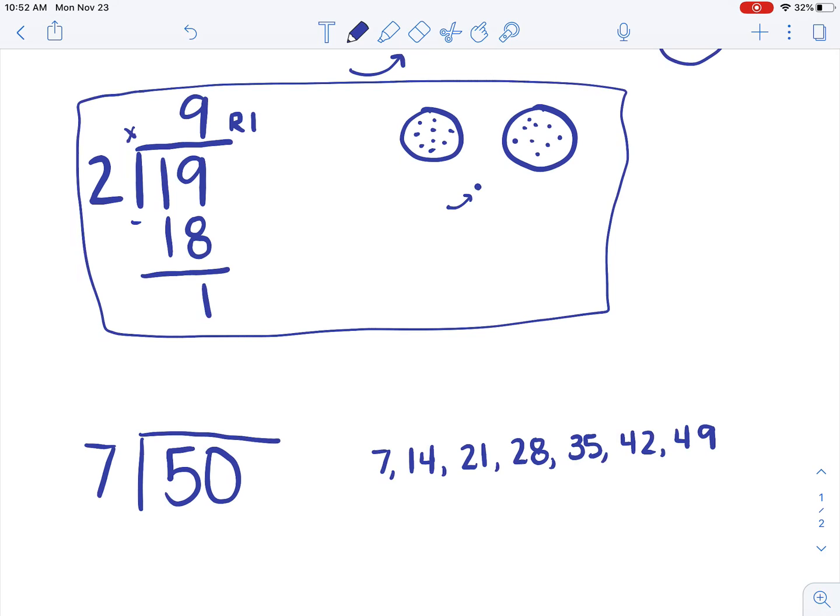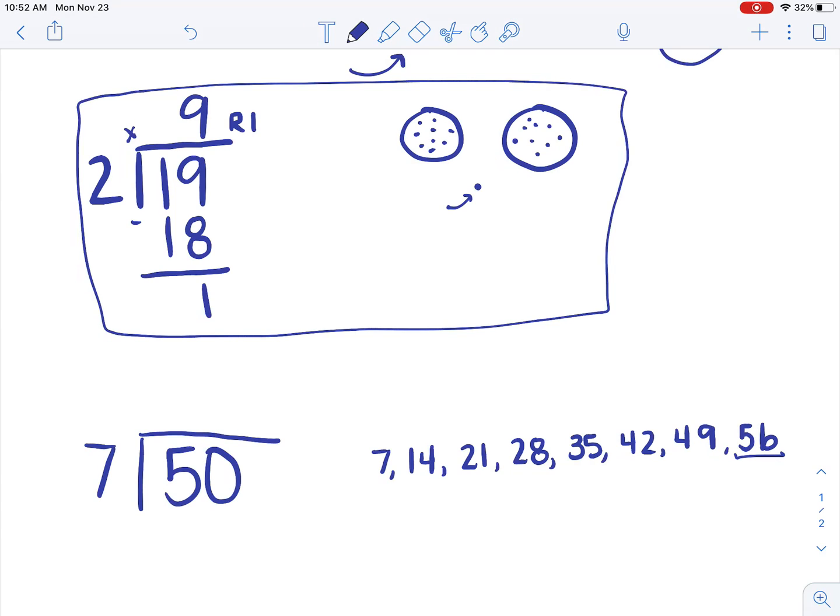Ooh, that's getting pretty close. If I add 7 more, I'm going to get 56. 56 is too much. I don't have 56 items to split.